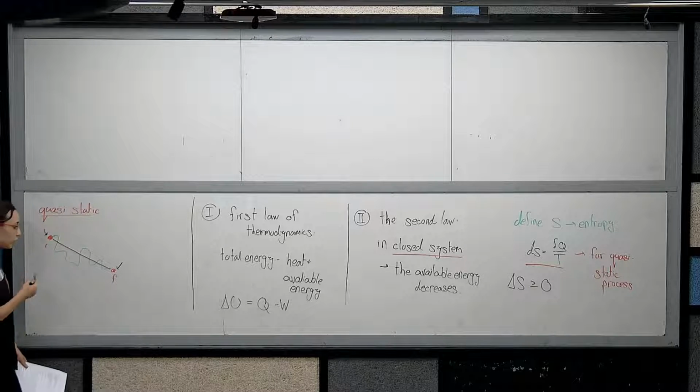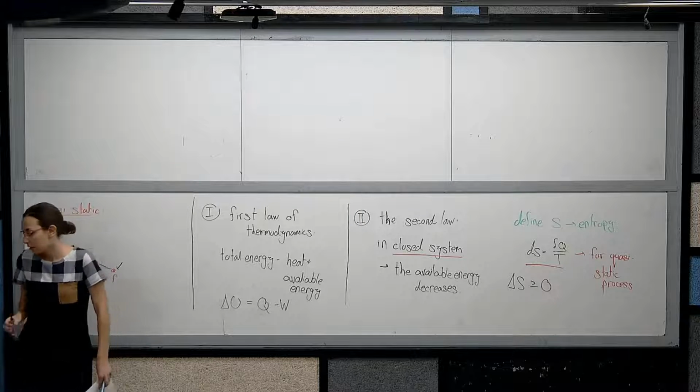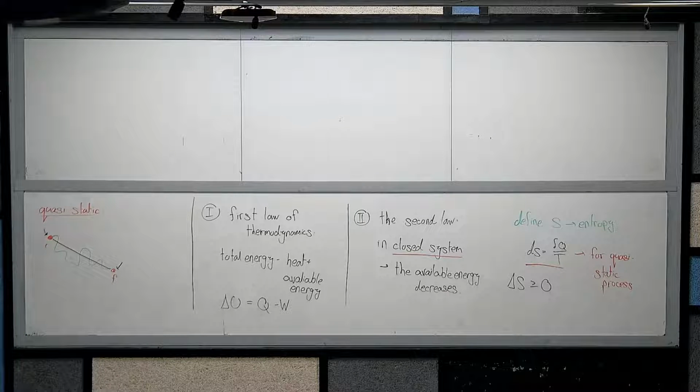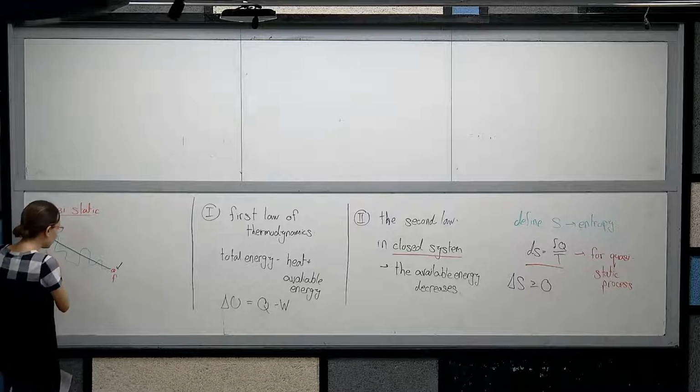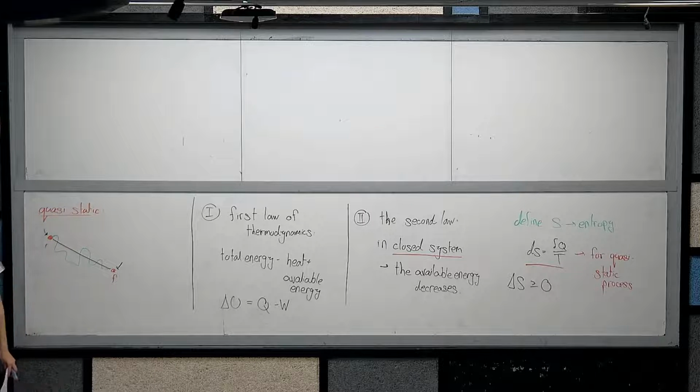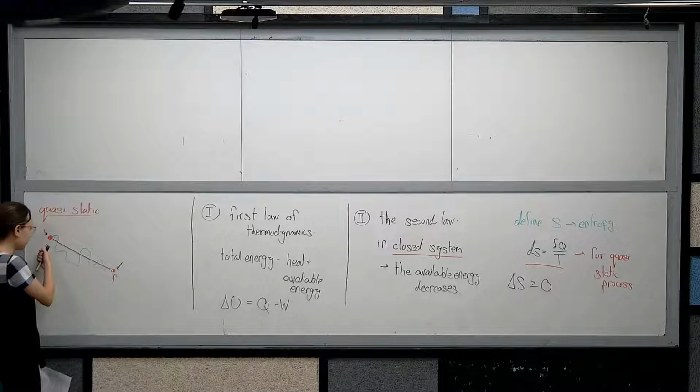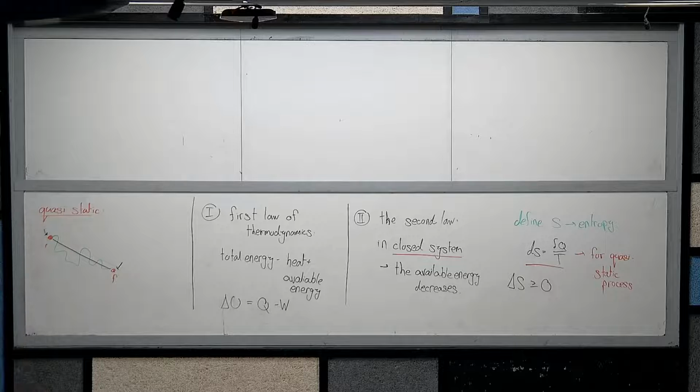The results we get won't be valid for the real process along the way, but they will be valid for the initial and the final point.